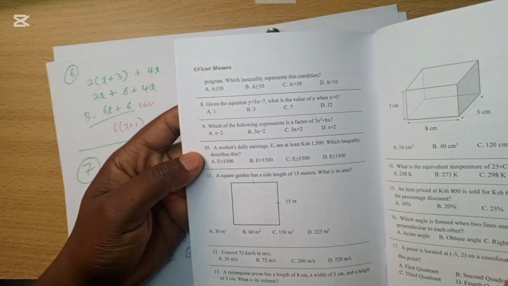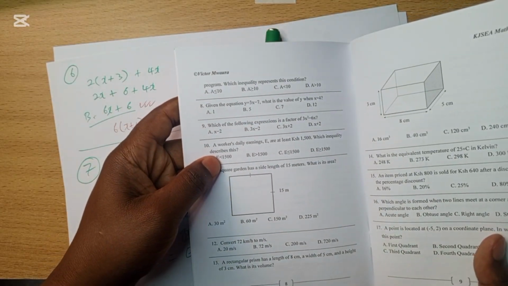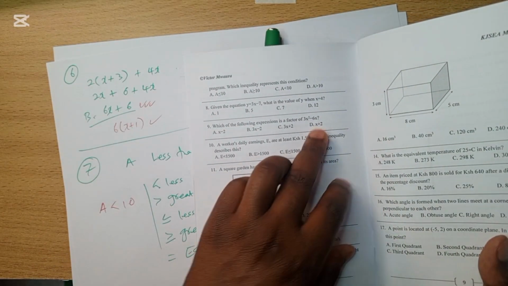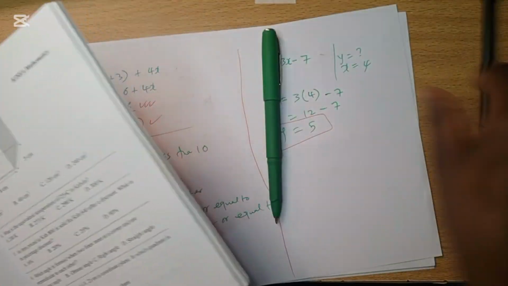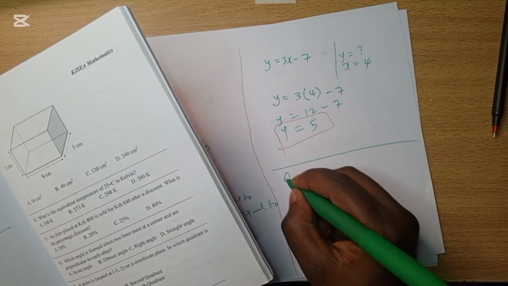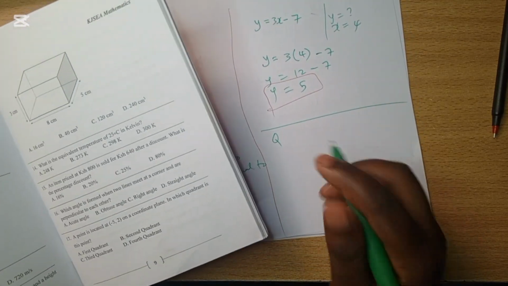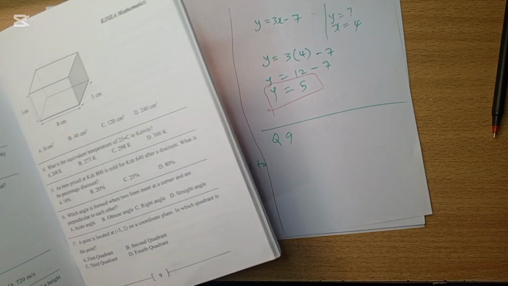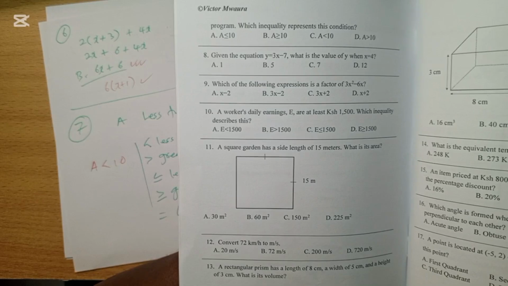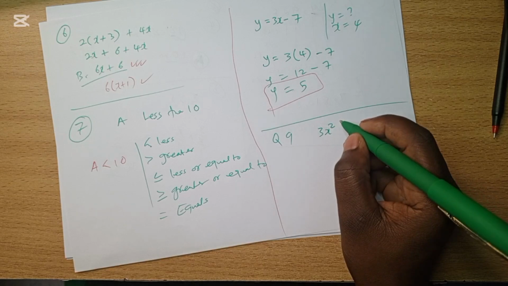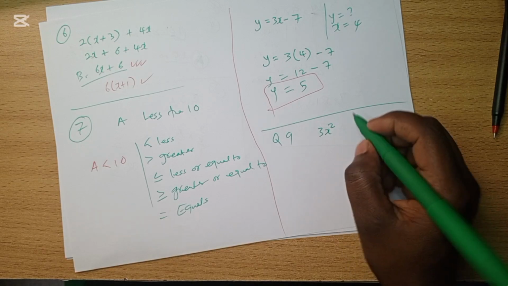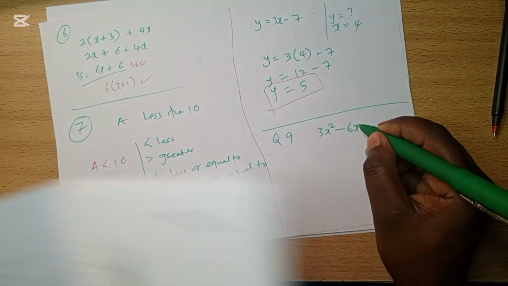The next question, question 9: which of the following expressions is a factor of 3x squared minus 6x? So we are being asked about a factor of 3x squared minus 6x.